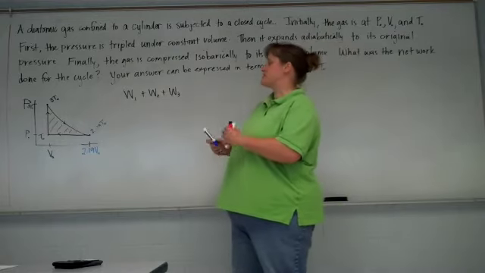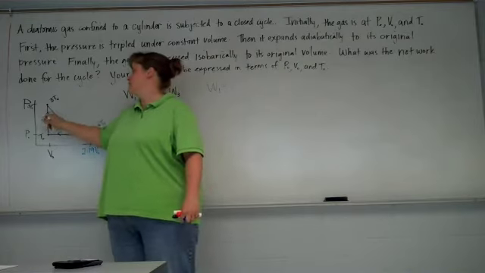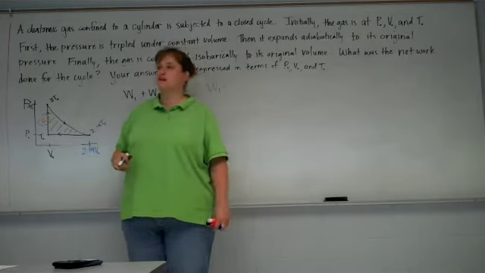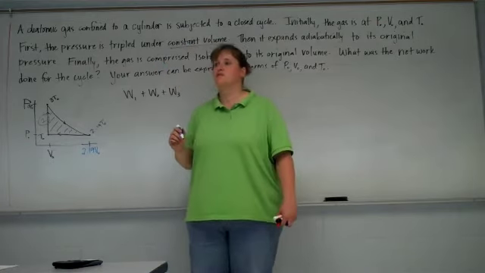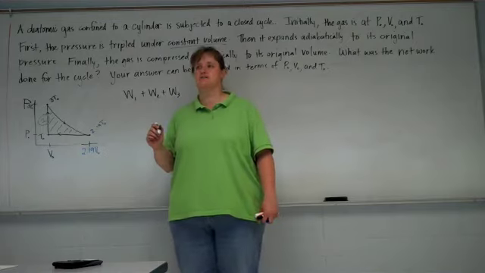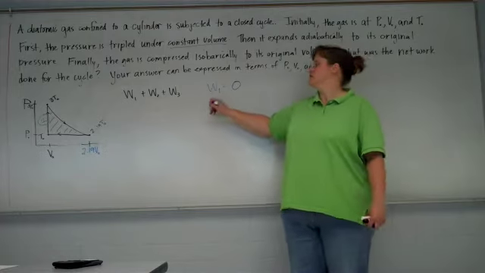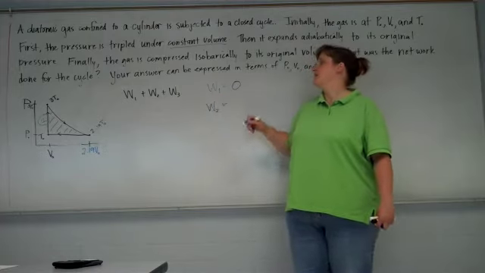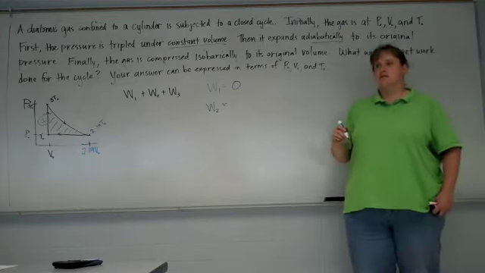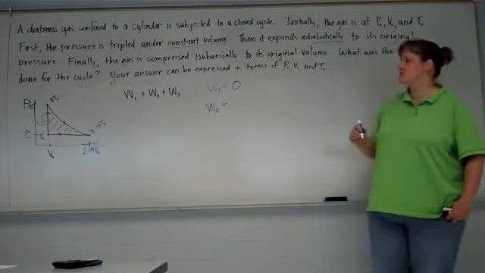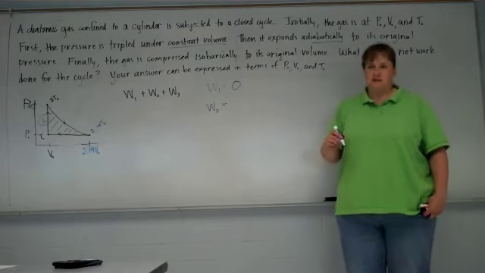So, work for step 1. This is step 1. It's an isochoric process, constant volume. How much work is done if your volume is held constant? 0. That one's easy. I like that one. Step 2 is our adiabatic process. What information do we need to know to find the work done in an adiabatic process?